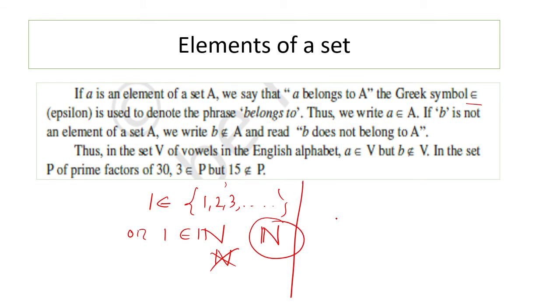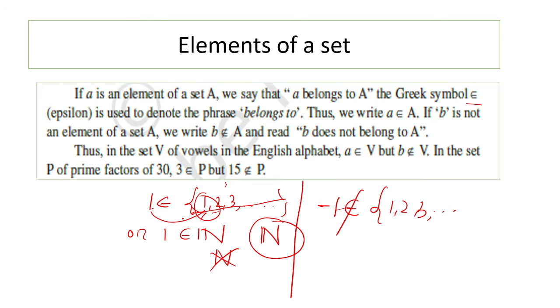If an element does not belong to this set, how do we write it? Minus 1 does not belong to the set of natural numbers, so we write it like this. 1 is in the set, so it belongs to the set. Now we'll go to the next.